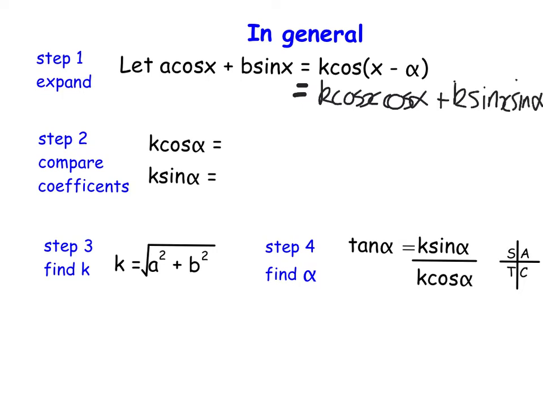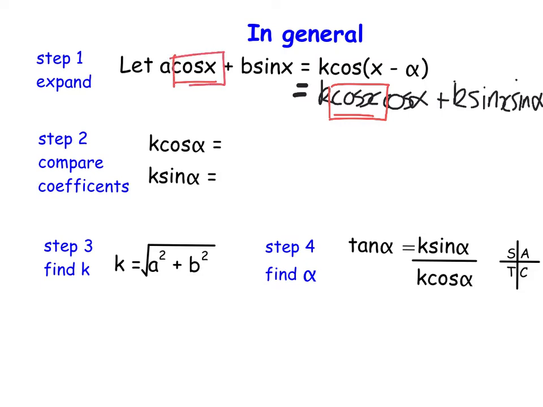Step 2, we then compare coefficients. What that means is we're going to do a wee bit of underlining. I'm going to take my red pen and underline cos over here, and underline cos over there, okay? If you look at it, on the left-hand side, this cos is with k cos alpha. So k cos alpha equals whatever is with the cos over here, which is a.